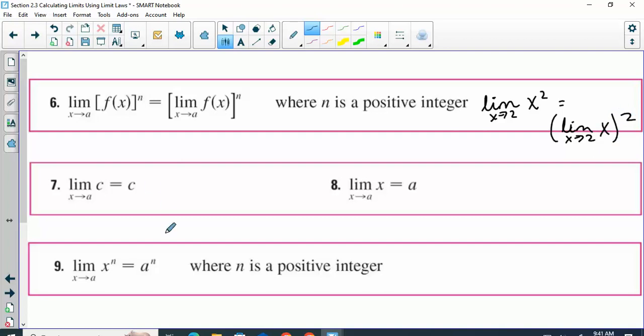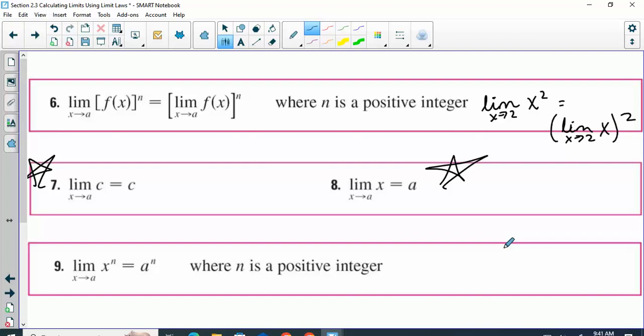Okay, 7 and 8, these are really what will save us a tremendous amount of time. The limit of a constant is the constant. So if I said the limit as x approaches 3 of 4, it's just going to equal 4. And if you have the limit as x approaches a of x, we can just plug in.